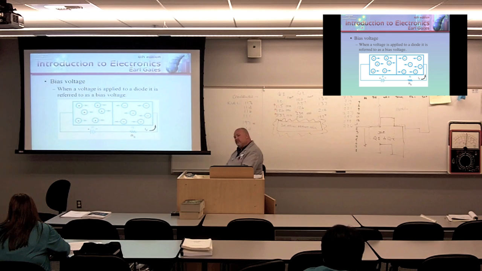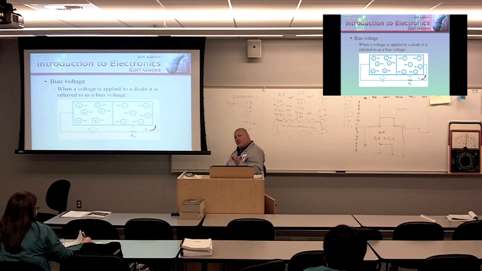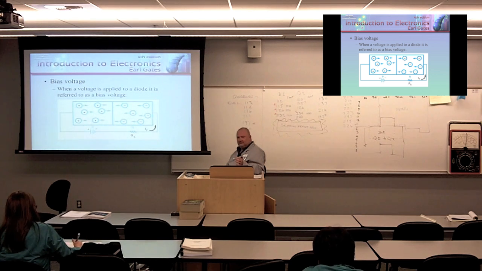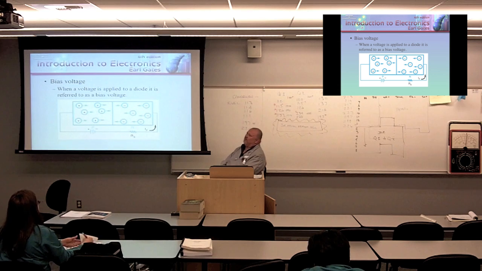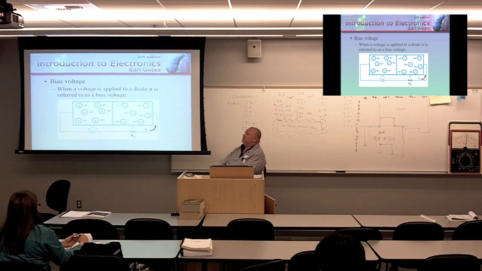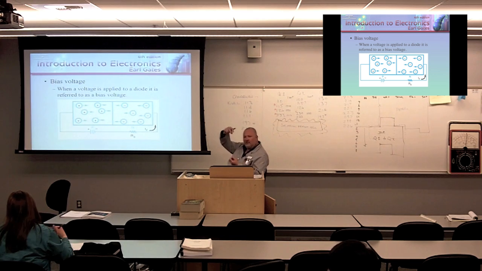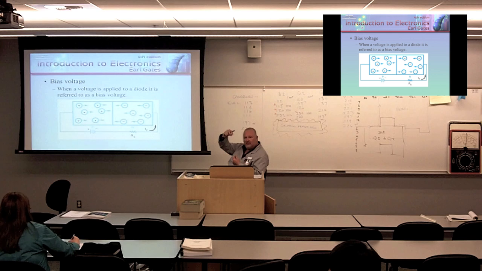When we apply forward bias to a diode, this is where the diode kind of does its magic. For those of you that come from a mechanical background, some of you may be familiar with what's known as a one-way check valve. A one-way check valve would be, envision a straw, if you will, with a little ball sitting on top of the straw. As long as you're blowing through the straw, that ball is going to become unseated and air will be allowed to pass.